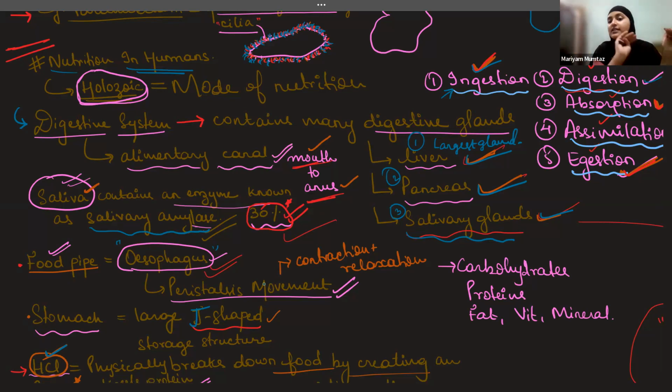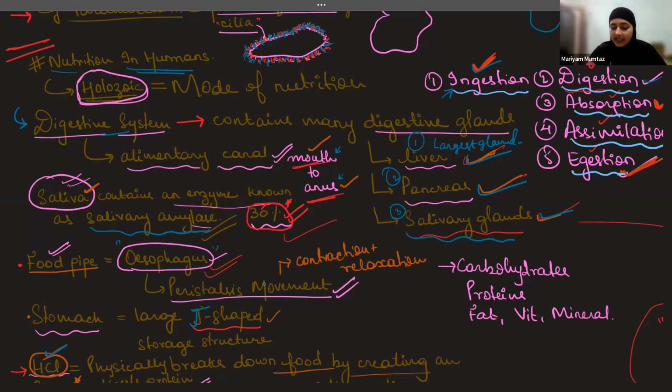Then comes pancreas, and then there are salivary glands. Our digestive system consists of a long tube or canal known as the alimentary canal. It begins from the mouth and ends at the anus. So from the mouth till the anus is the entire alimentary canal. Clear?